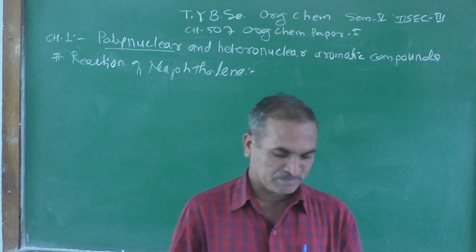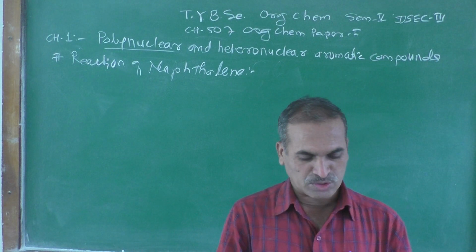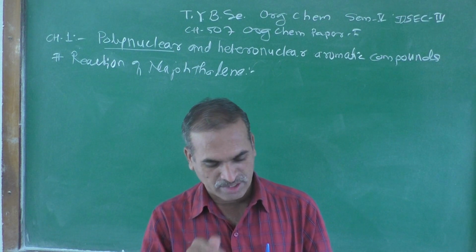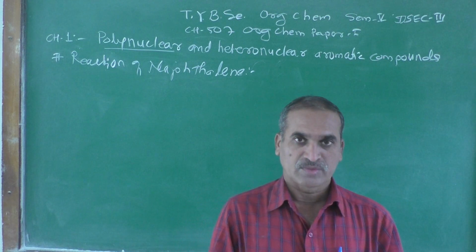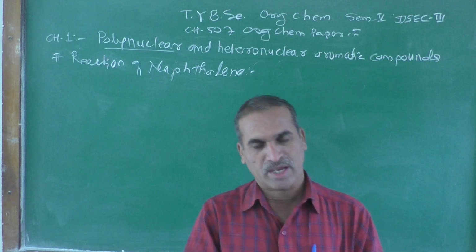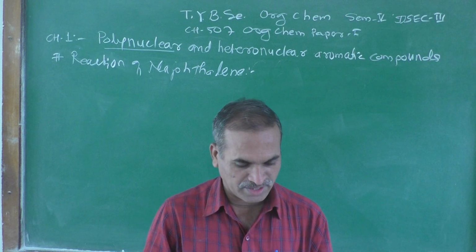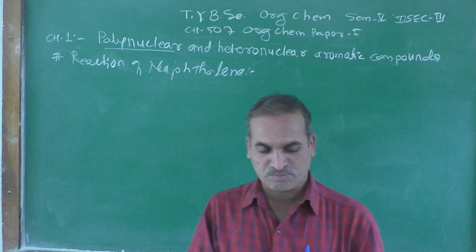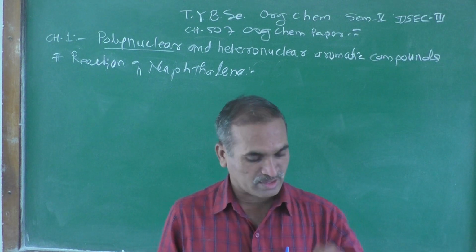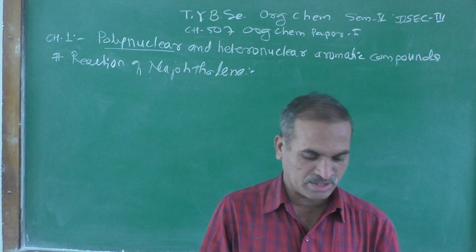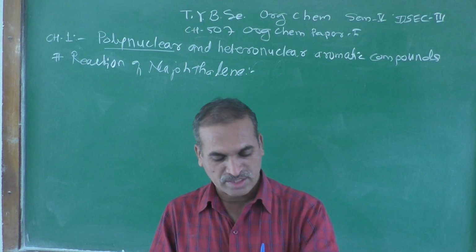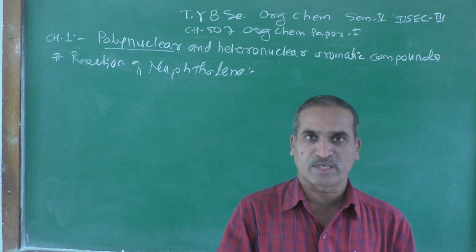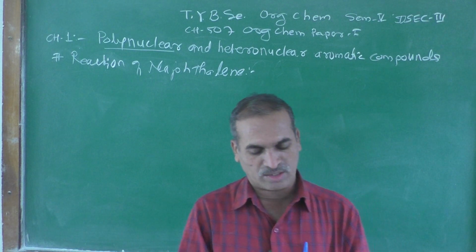Now the second one: the sodium salt of sulfonic acid is treated with 2 moles of sodium hydroxide at 300 degrees centigrade, but here the sulfonic acid is at the 2 position, that is, the beta position, and therefore the resulting compound obtained will be beta naphthol, or 2-naphthol.